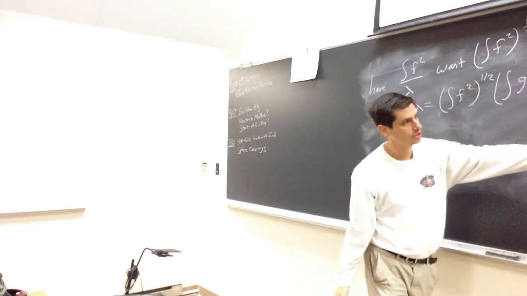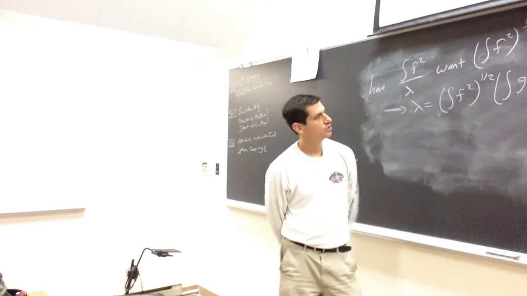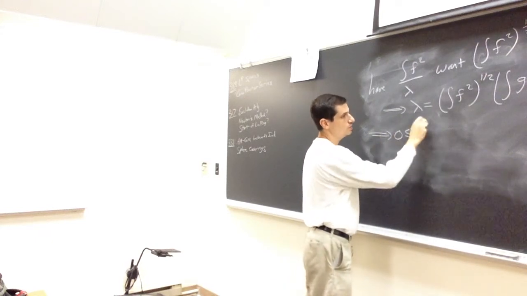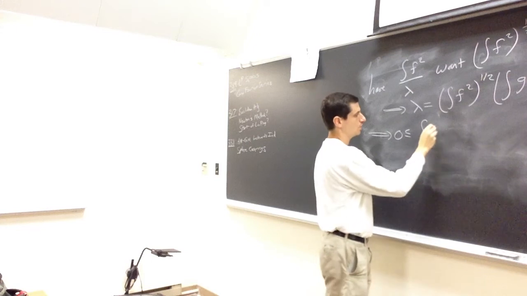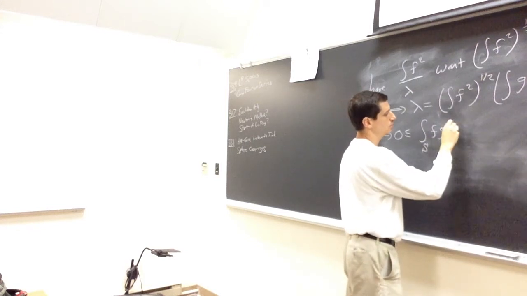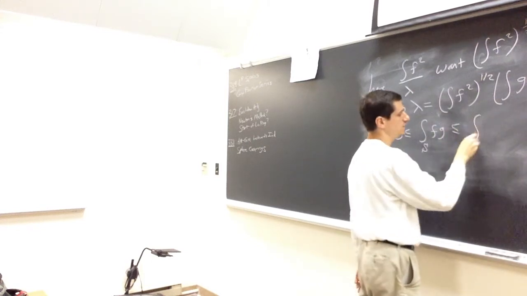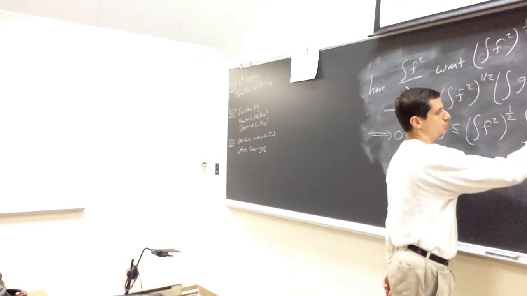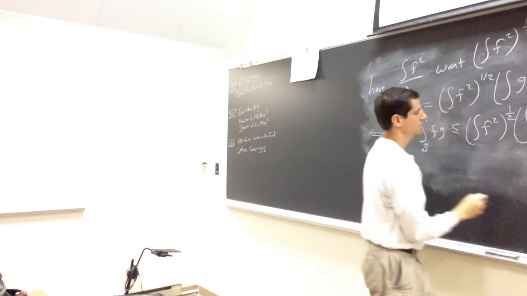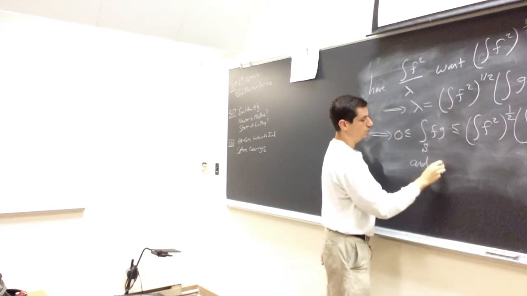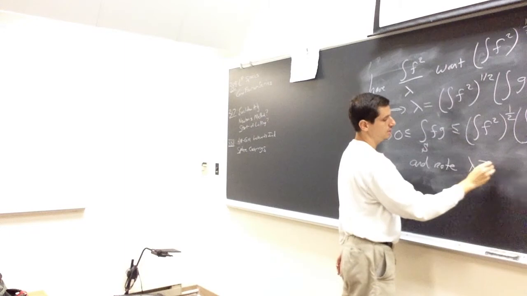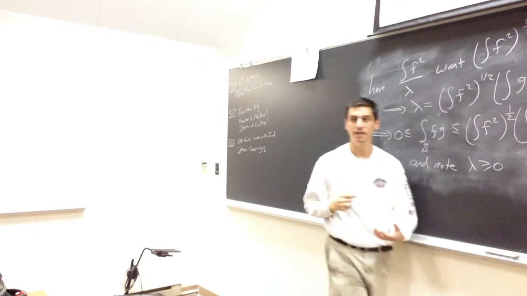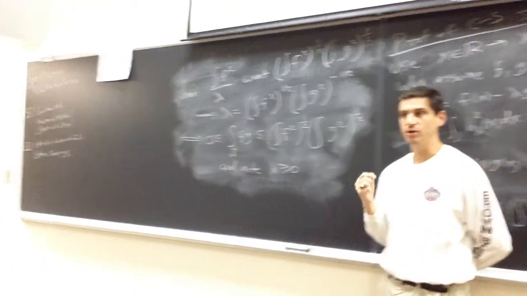When I look at the other term, I have a lambda, so I'm going to end up getting 0 less than or equal to the integral over s of fg is less than or equal to, the 2's cancel, the integral of f squared to the 1/2 times the integral of g squared to the 1/2. And note, lambda is greater than or equal to 0. So we didn't divide by -1. If we had divided by -1, that would have been horrible.